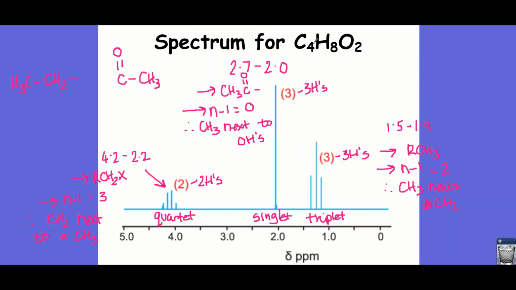Now, this NMR has told us as much as it can, but there's still something missing, because if we look at our formula, we've got C4, 8 hydrogens, and 2 oxygens. So the only thing that makes sense here is that there's another oxygen in there.